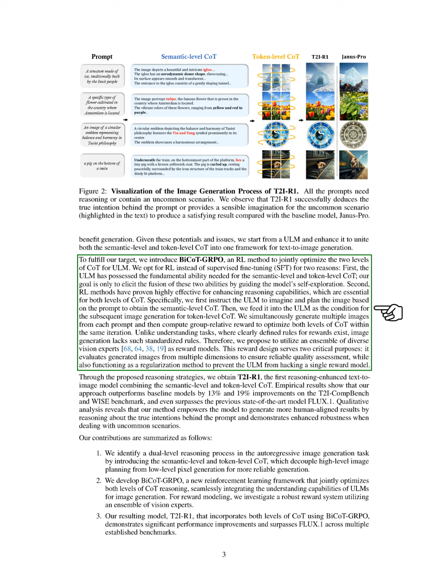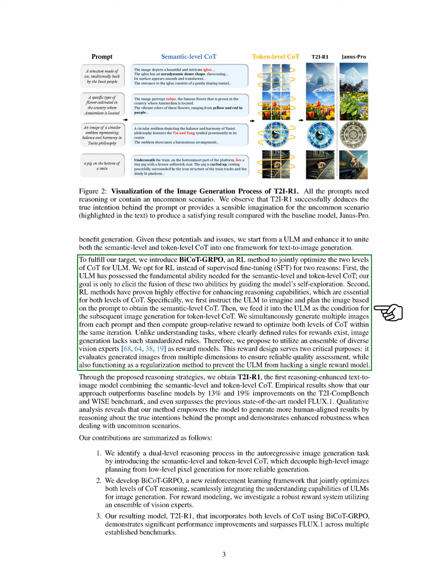Our approach involves first guiding the ULM to plan the image based on the prompt to achieve semantic-level CoT. We then use this planning as a basis for generating the image in the token-level CoT. We generate multiple images for each prompt and calculate a group relative reward to optimize both levels of CoT simultaneously.